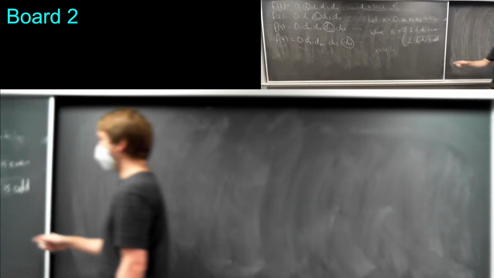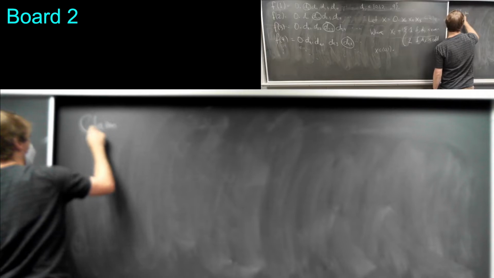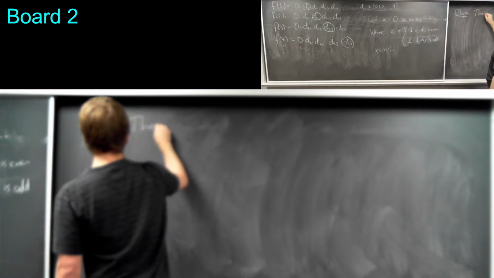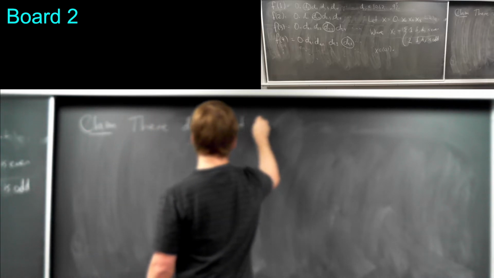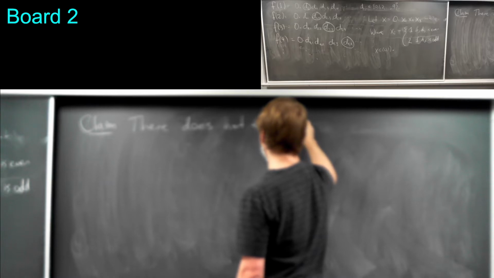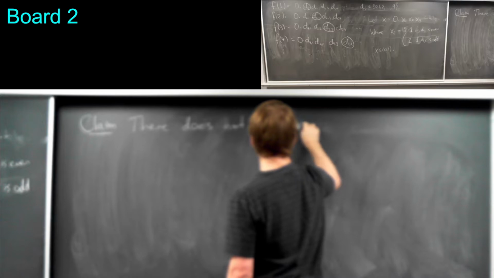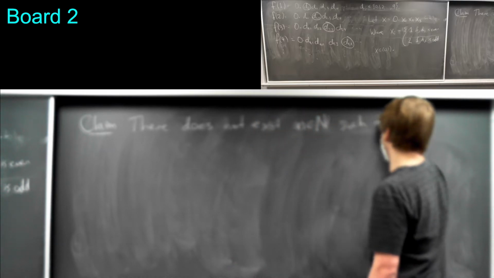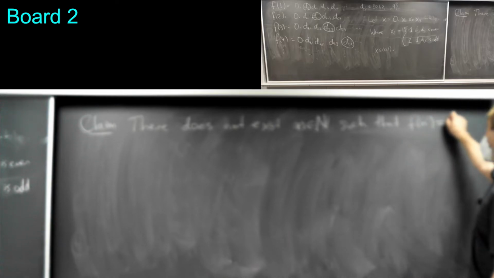Well, okay, so what I want to show is, claim: there does not exist a natural number n such that f of n equals x.